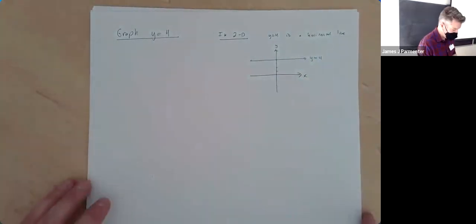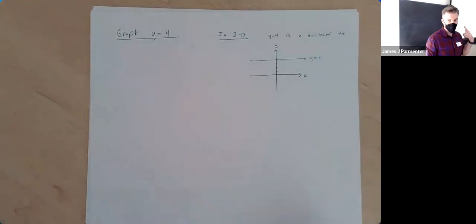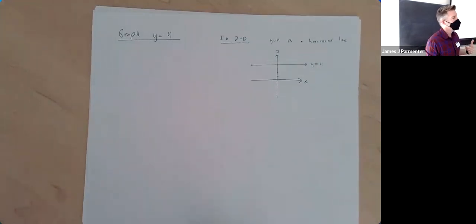Now, the important thing to observe about this is that if y equals 4, what has to be true about x? Or really, what can you say about x? Kind of nothing, but more specifically, x can be anything. So if you're missing some other variable in your equation, that often means that other variable can range over all possible values.